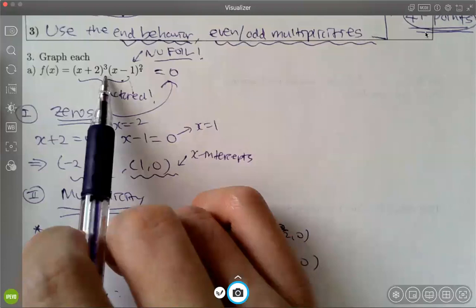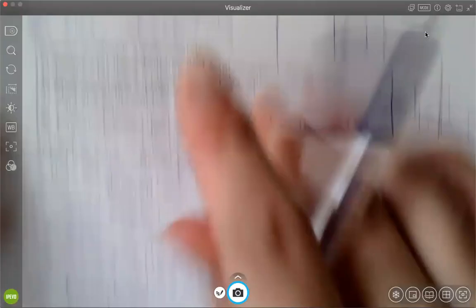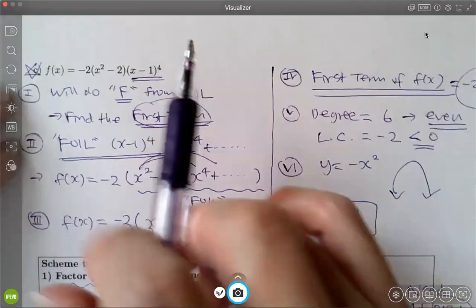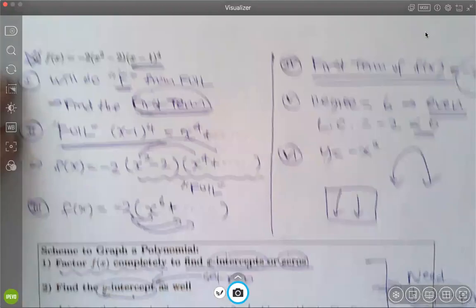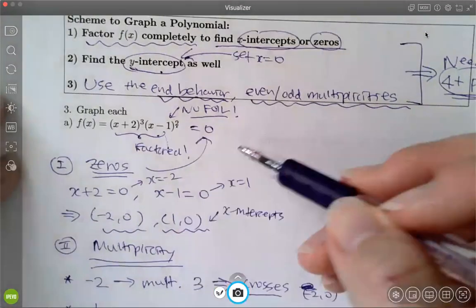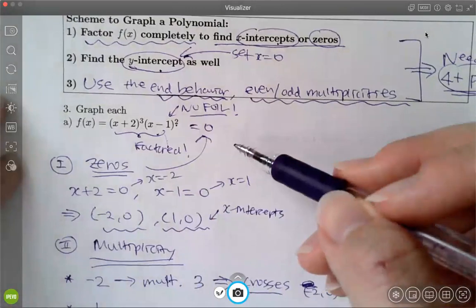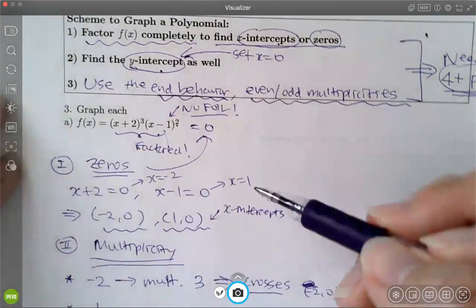F of x is in a factored form, similar to the problem before. So please do not say the degree is equal to 3. That's not the case, because this one is in a factored form.